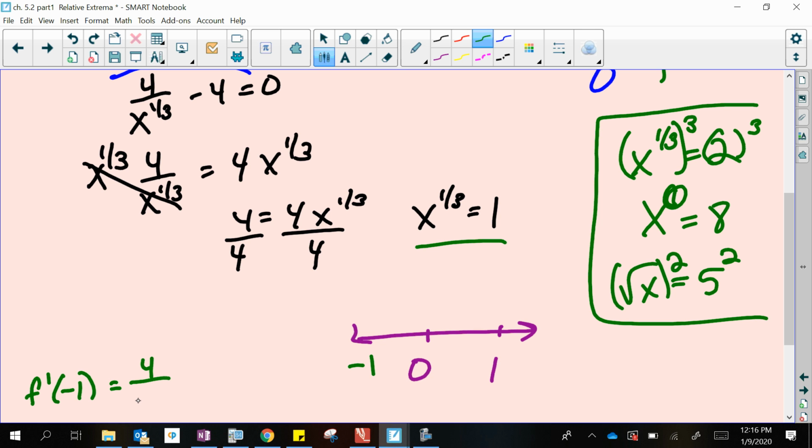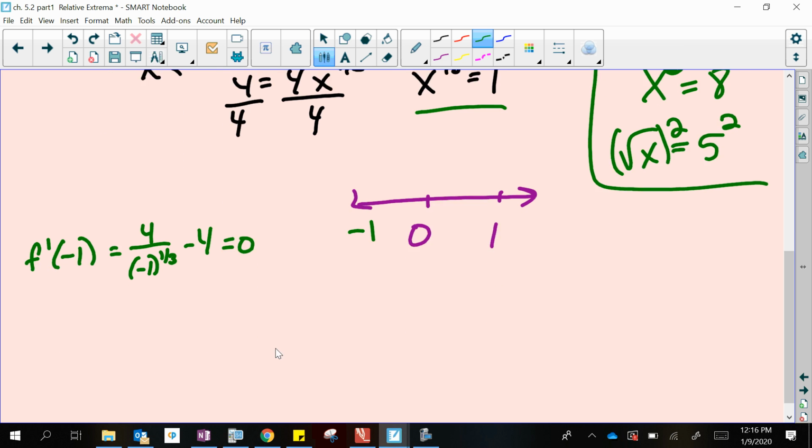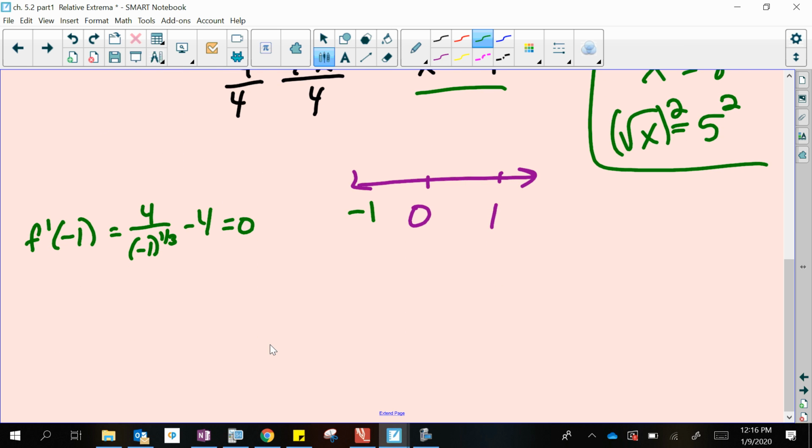So 4 over -1 to the 1/3 minus 4. The cube root of -1 is -1, right? Because -1 times -1 times -1 gives you -1. So this becomes -4 minus 4 equals -8. So we get decreasing in that interval.